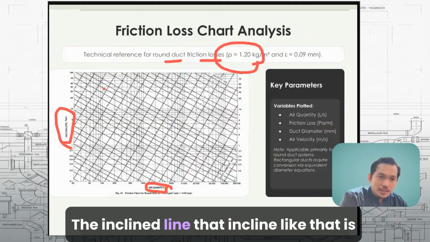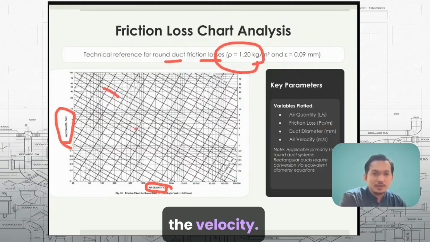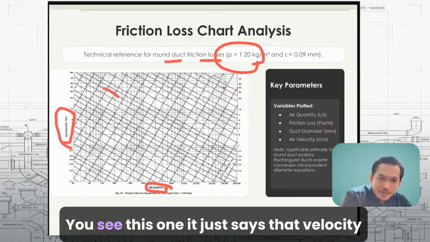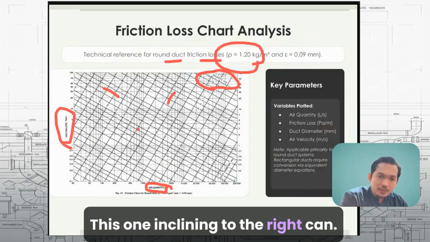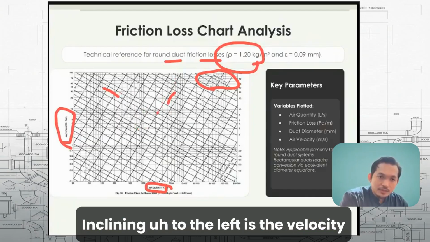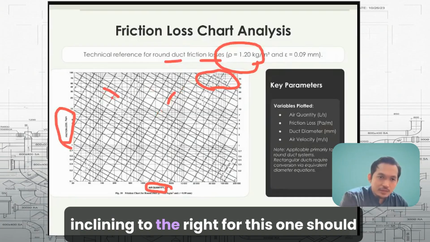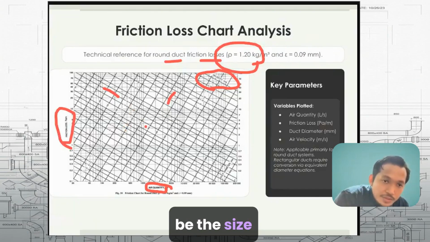The inclined line is the velocity. You see this one says velocity, inclining to the left. This one inclines to the right. Inclining to the left is the velocity. Inclining to the right should be the duct size.